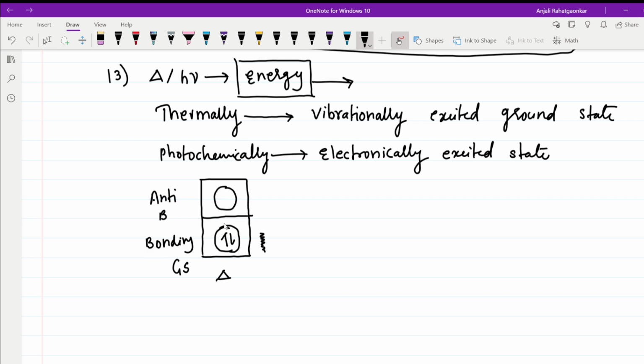So when you heat the reaction mixture, the electron will stay in the ground state itself. Only the energy will be increased in the ground state. Please remember, the energy of the electron will increase in the ground state itself when the reaction is thermally induced.